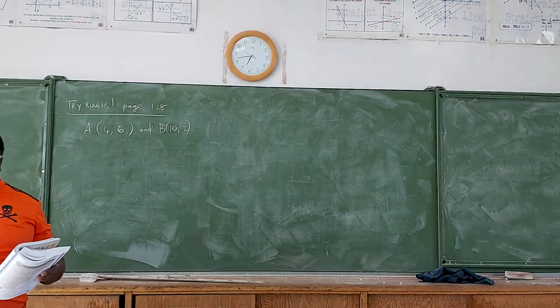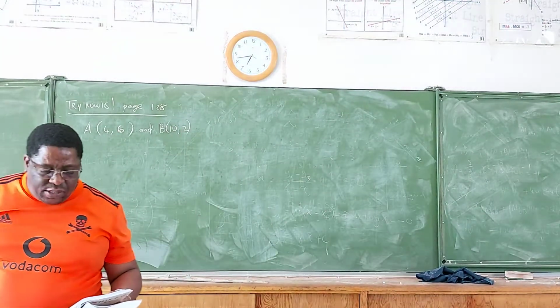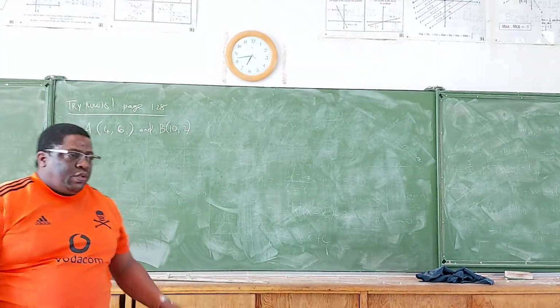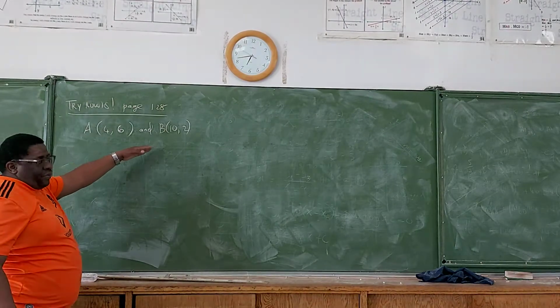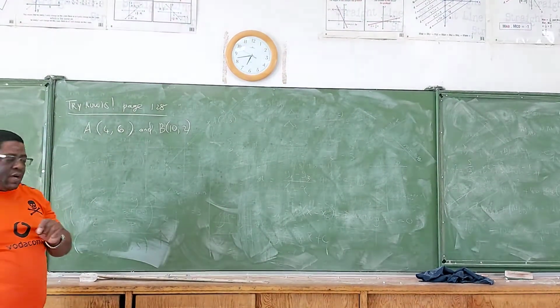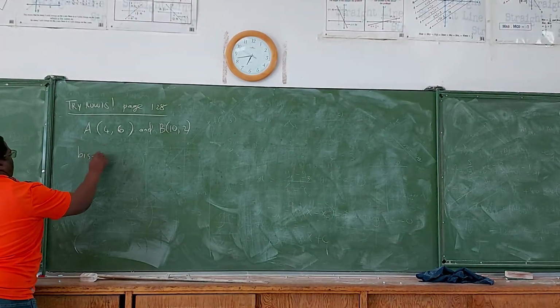Then they are saying the point C lies on the perpendicular bisector of the line. So this line, when we draw it, point C lies on the perpendicular bisector. The word bisect means to cut in half.